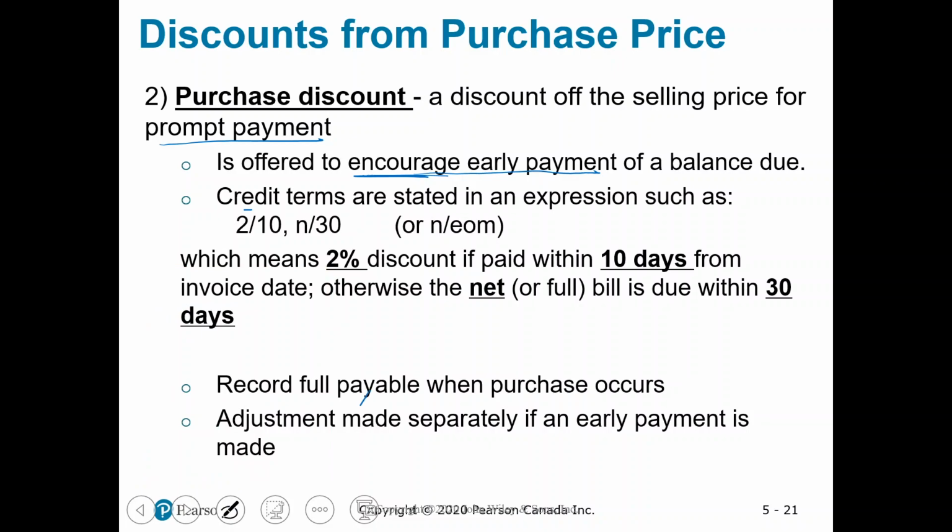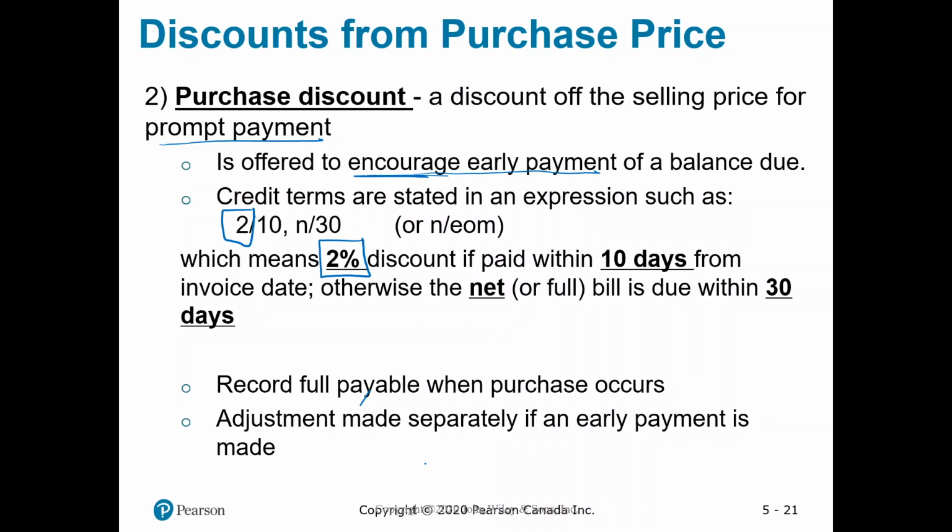So this 2 here goes with a 2% discount. So just to read it fully through the first time, the 2/10, N30 means that there's a 2% discount if you pay within 10 days from the invoice date. Otherwise, the net amount is due within 30 days.